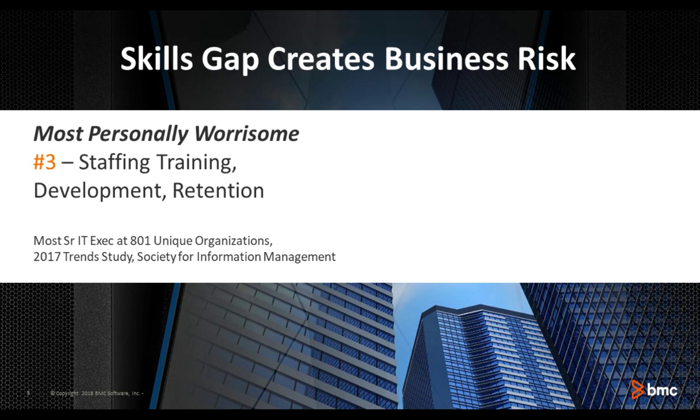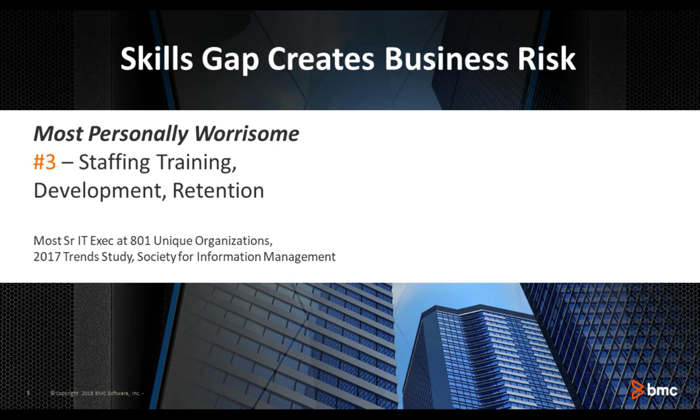And it's a good thing that you asked that question, because the skills gap is one of the challenges that people are worrying about. This first data point is from the Society of Information Management 2017 Trends Study. And these are the responses of the senior IT executive at 801 organizations.